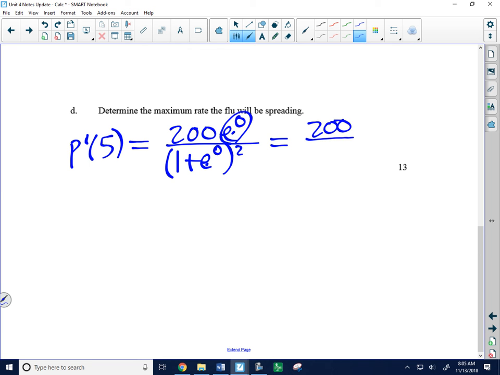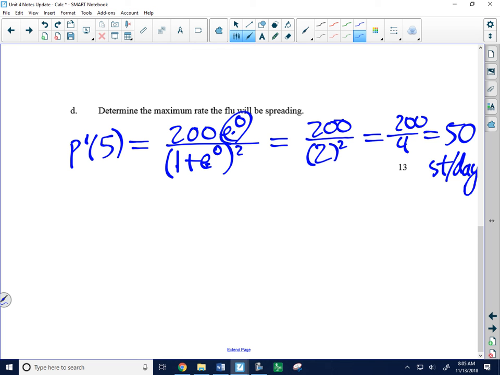On bottom, e to the 0 is 1, so it's 1 plus 1, which is 2, and that's squared. That'll be 4, and 200 divided by 4 is 50 students per day. So you can see algebraically by hand how we got that. Let me open it up to questions on the second parts.